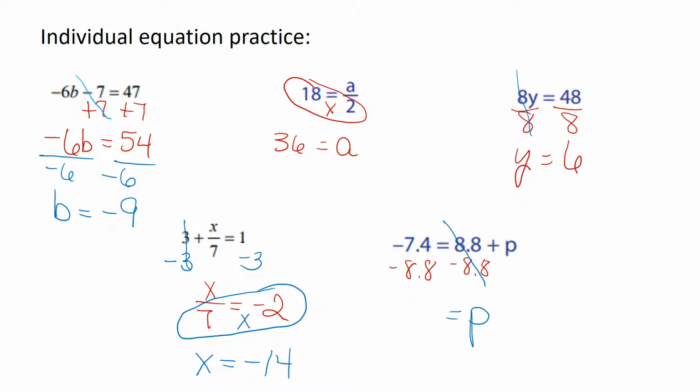This is negative 7.4 minus 8.8, or you can also think of it as a negative 7.4 combined with a negative 8.8. But this will give you negative 16.2. You have to really be careful with that one because of the integer rules.